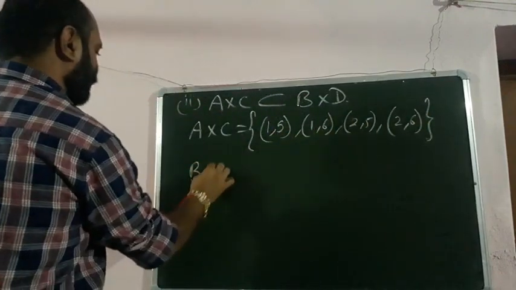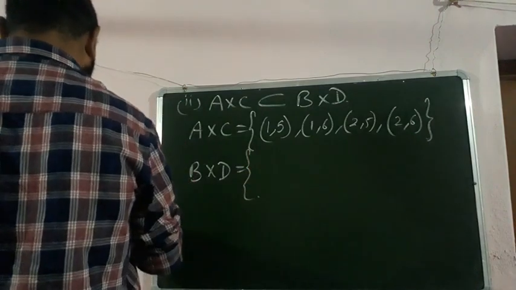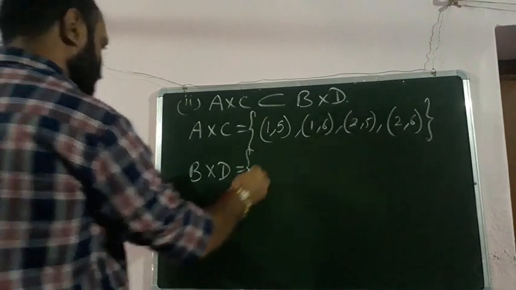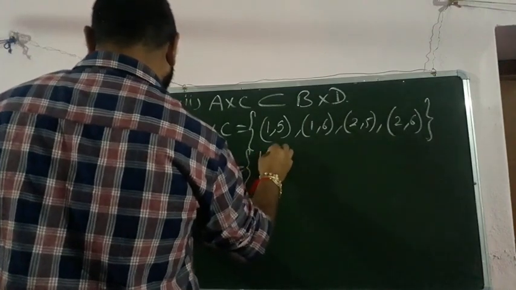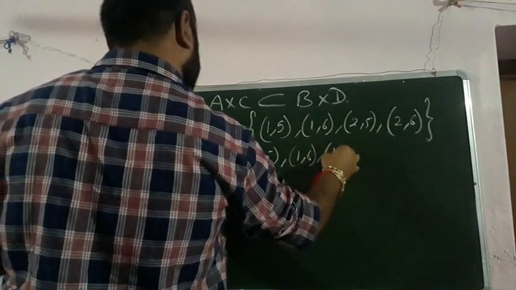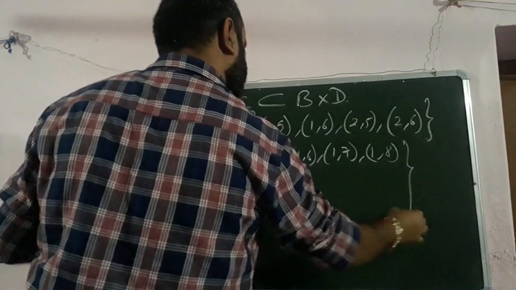Similarly, when we find B cross D, B cross D means we have 16 pairs. First is 1 5, 1 6, 1 7, 1 8, right?